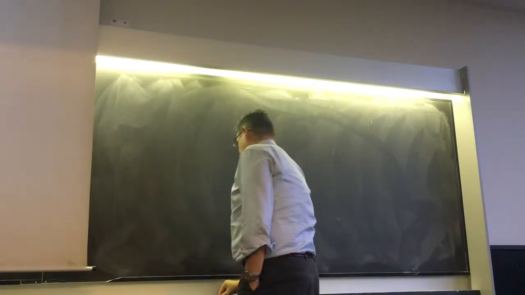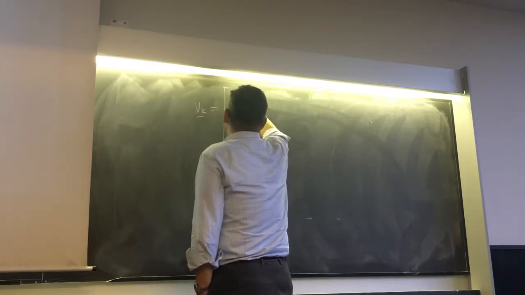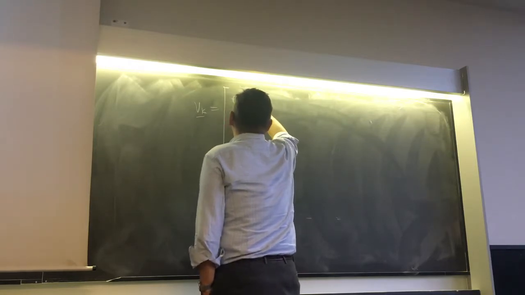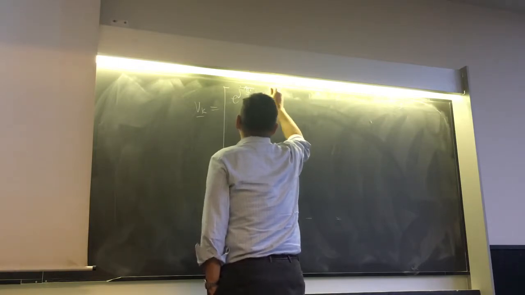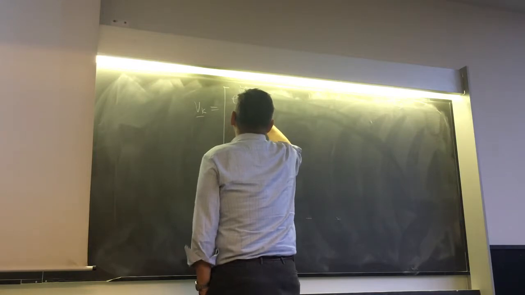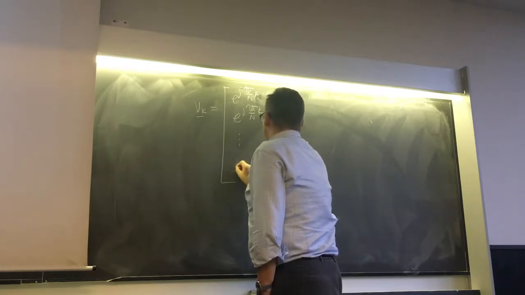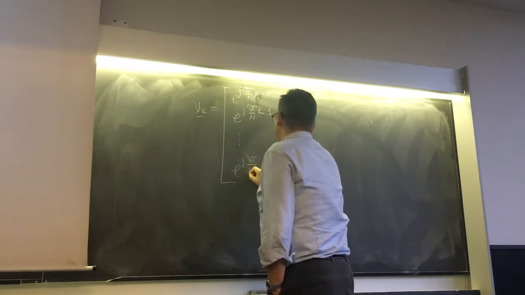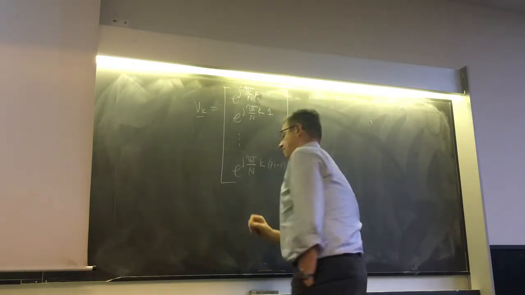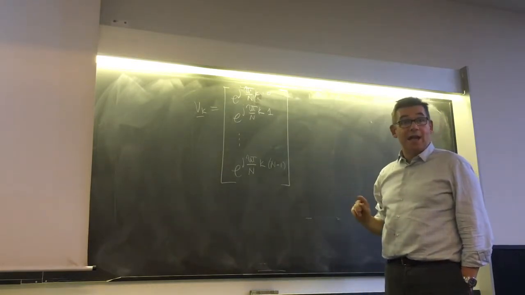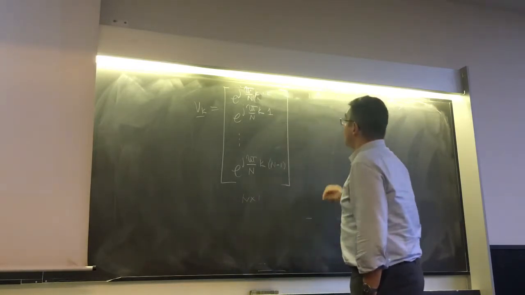So vk is the k-th sinusoid: e^(j2π/N · k · 0), e^(j2π/N · k · 1), up to e^(j2π/N · k · (N−1)). So in this N times 1 vector, you have a sinusoid.